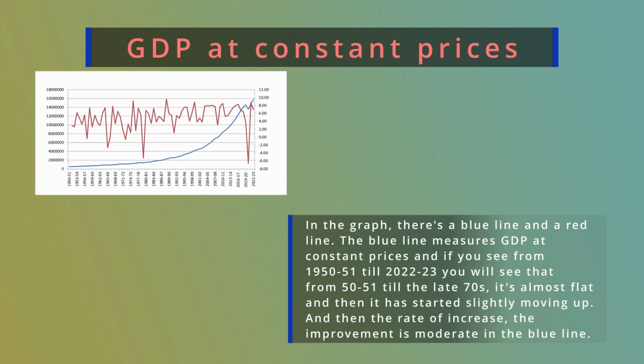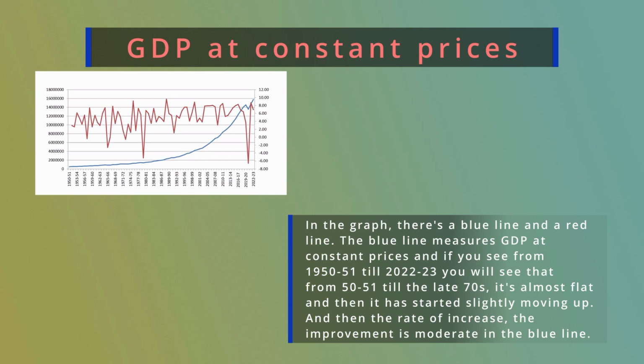Now, if you look at the graph, there's a blue line and a red line. The blue line measures GDP at constant prices, and from 1950-51 till the late 70s, it's almost flat, and then it starts slightly moving up.